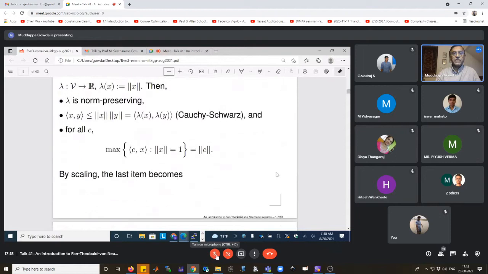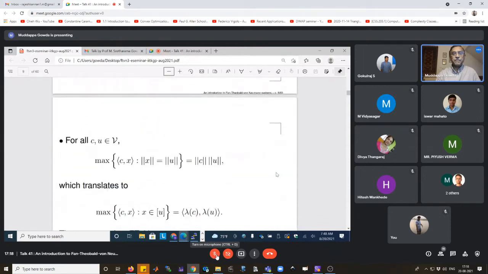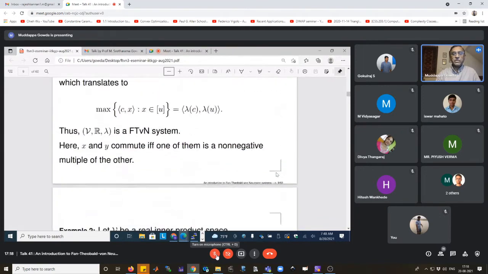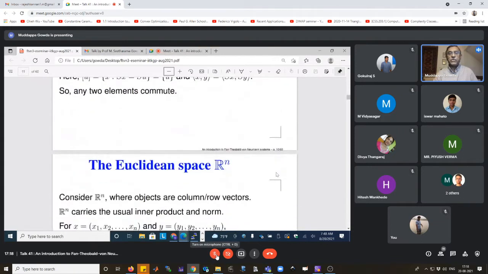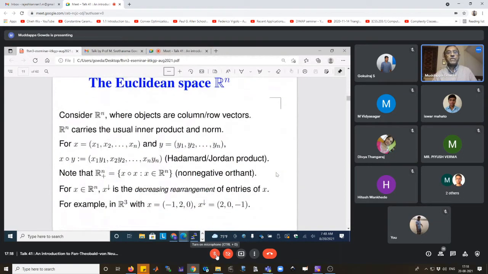So we have covered these two elementary examples. I'll move on to a non-trivial one. This is our Euclidean space Rn. In Rn, I'm going to regard objects as either column vectors or row vectors depending on the situation. For typing, I can think of them as row vectors.